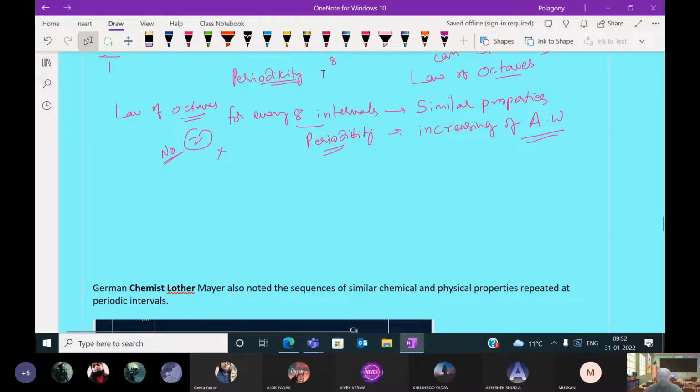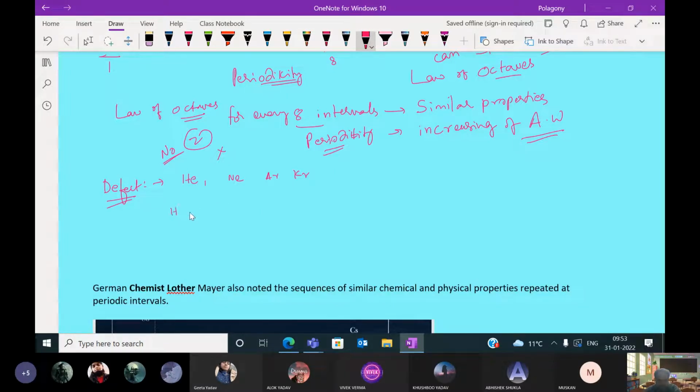So the defect of this Newlands classification, can you guess? The Newlands classification failed because of the discovery of noble gas elements. Later, after Newlands, noble gases like helium, neon, argon, krypton were discovered by scientists. When these elements were discovered, the pattern of arrangement changed.